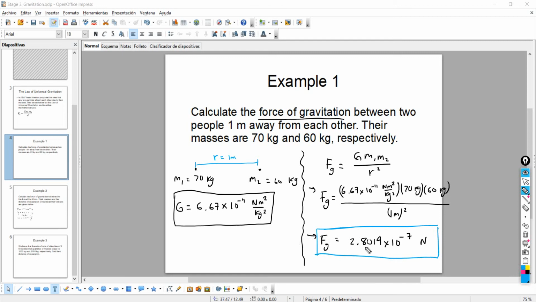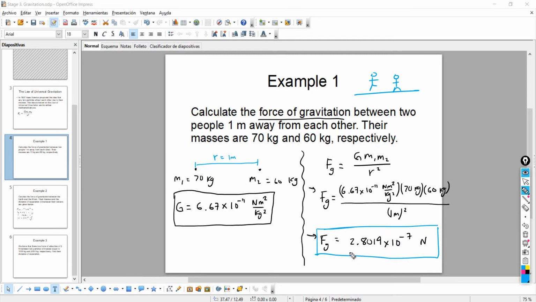And as you can see, the force of gravitation between two people that are just 1 meter away from one another, like they may be chatting 1 meter away from one another, is 2.8 times 10 to the minus 7 newtons. That is a very small force.